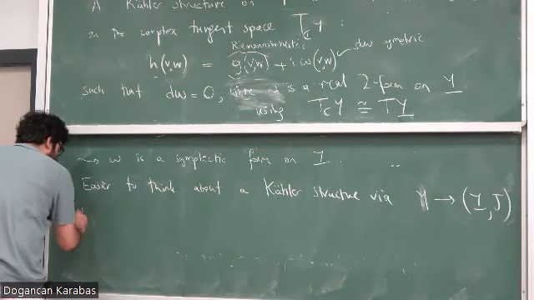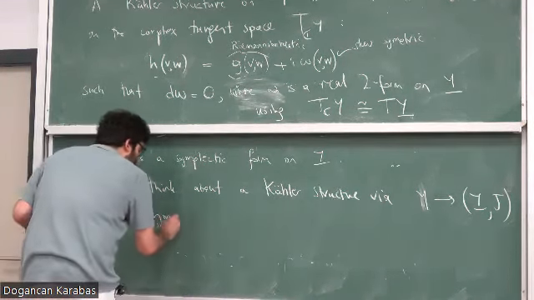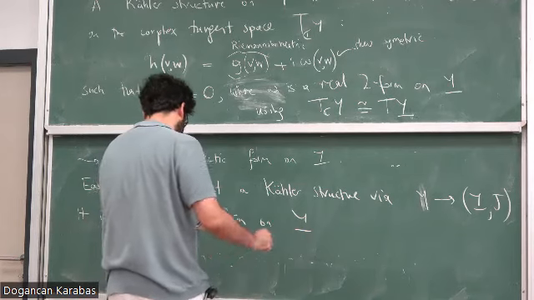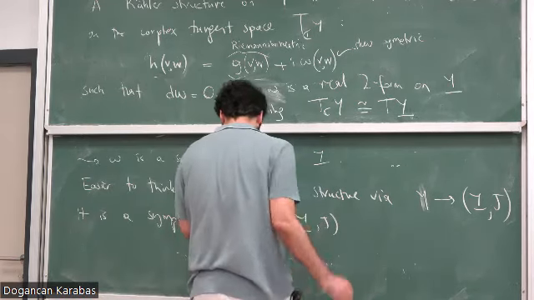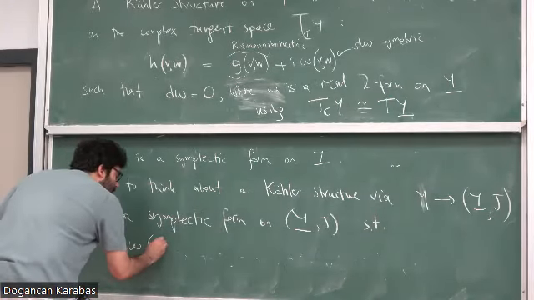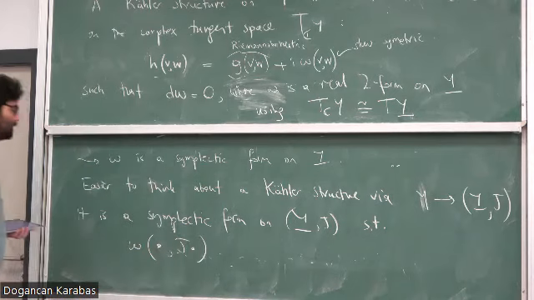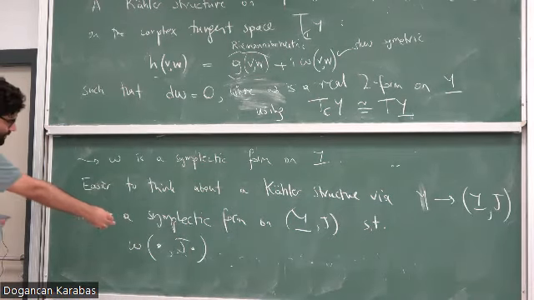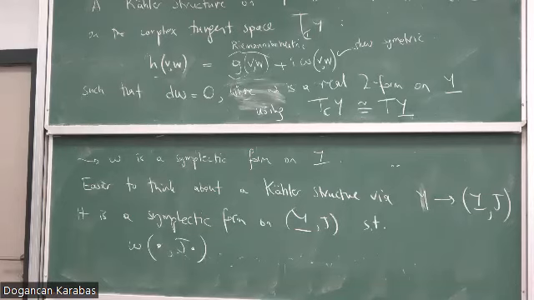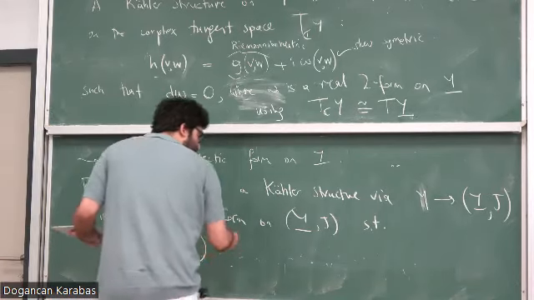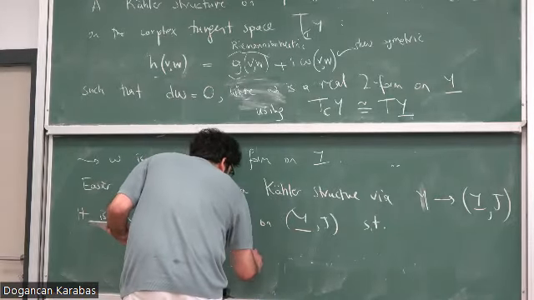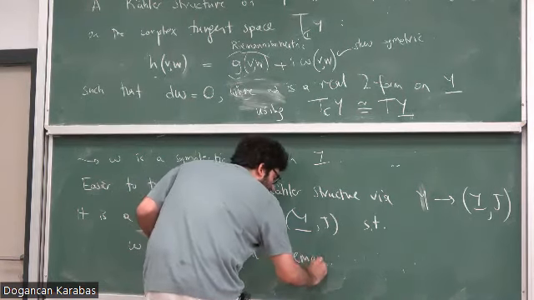So, what is it? It is a symplectic form omega on Y underline with J, such that omega of, and now I can define this guy, which eats two tangent vectors again at every point, and this thing should define for me a Riemannian metric.